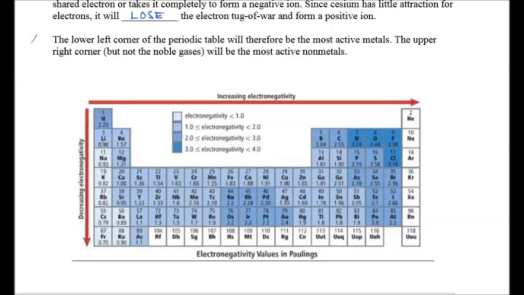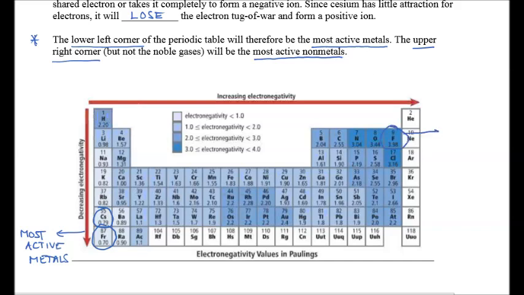Therefore, the lower left corner of the periodic table is the most active metals. These are the atoms where the electrons are lost the easiest. The upper right corner, but not the noble gases, are the most active nonmetals.